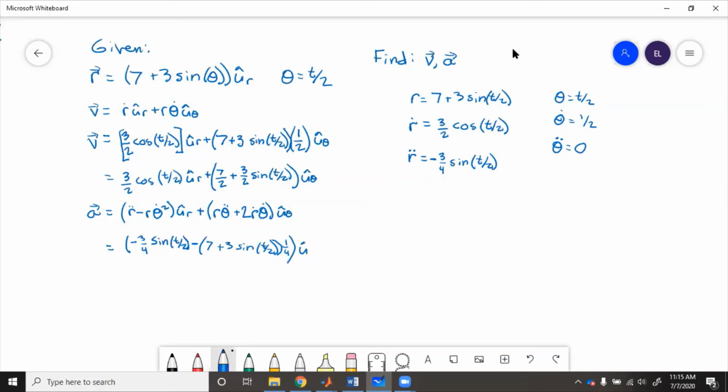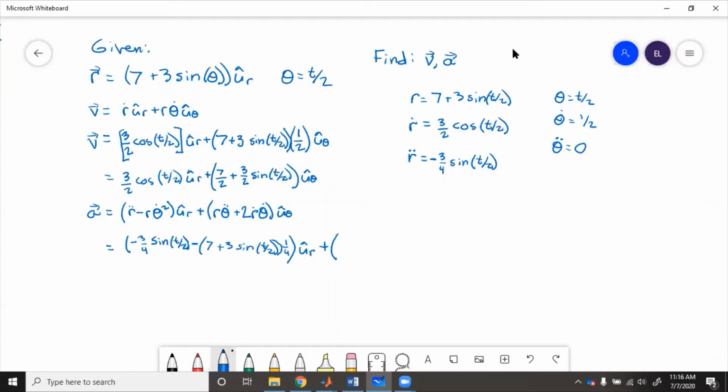So all of that is in the u_r direction. And then plus, we want to get the u_theta, we'll have r theta double dot, which fortunately for us is going to be 0 because theta double dot is 0. So anything times 0 is still 0.